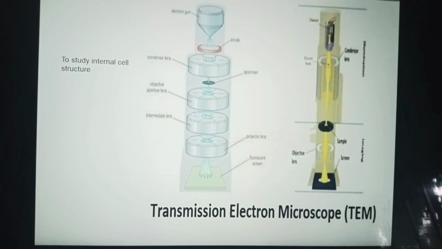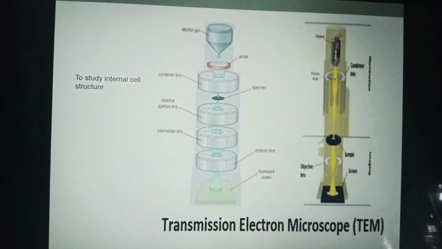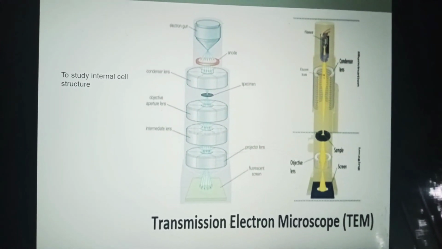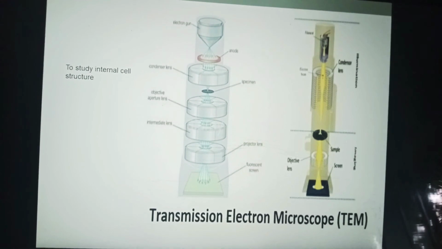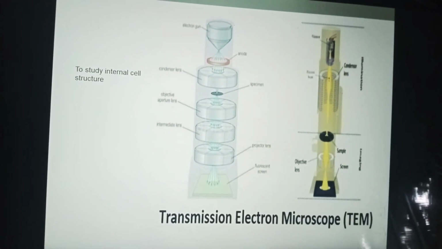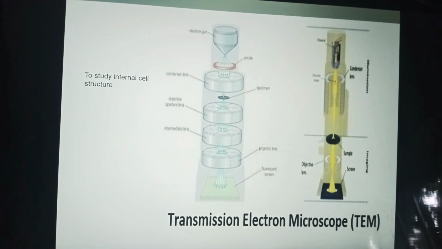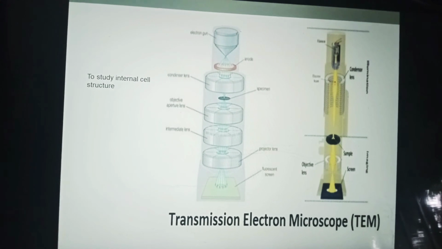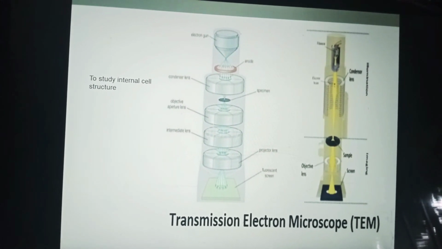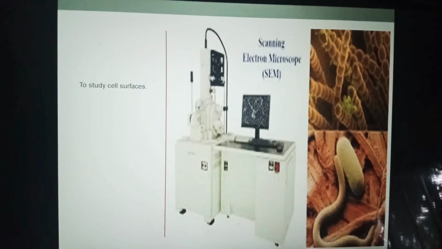The next one is the transmission electron microscope. It is used to study the internal structure of cells, and it is the first type of electron microscope. In the transmission electron microscope, electrons are transmitted through the specimen. Transmission of electrons is essential to study the internal cell structure.